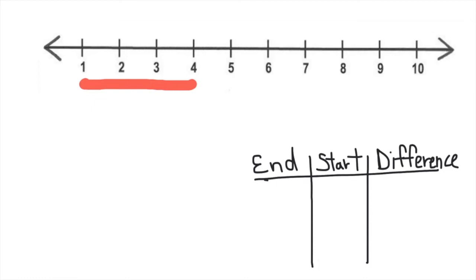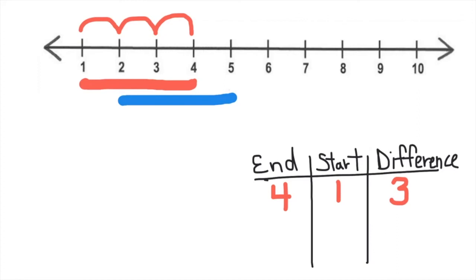So here you can see on the number line that the ending point is at 4, the starting point is at 1, and what is the difference or the distance between 1 and 4? So we can go ahead and see that it's 1, 2, 3. So the difference between those 2 points is 3.